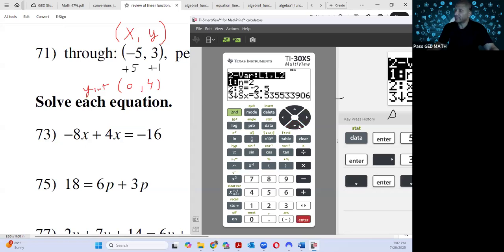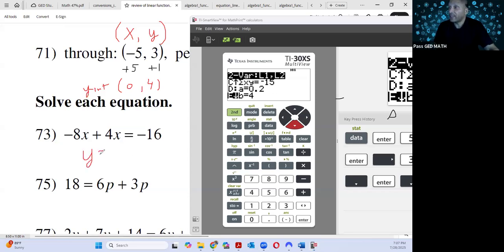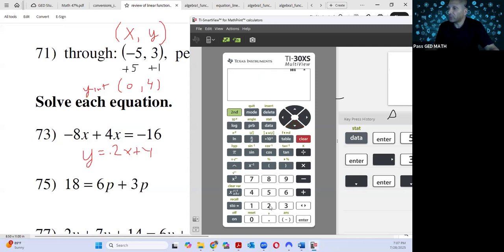Looking for A and B. Y equals 0.2 x plus 4. But that isn't my multiple choice, so I'm gonna clear out of here. 0.2, hit my double arrows to change it to a fraction. Oh, 1/5. Now I know y equals 1/5 x plus 4.